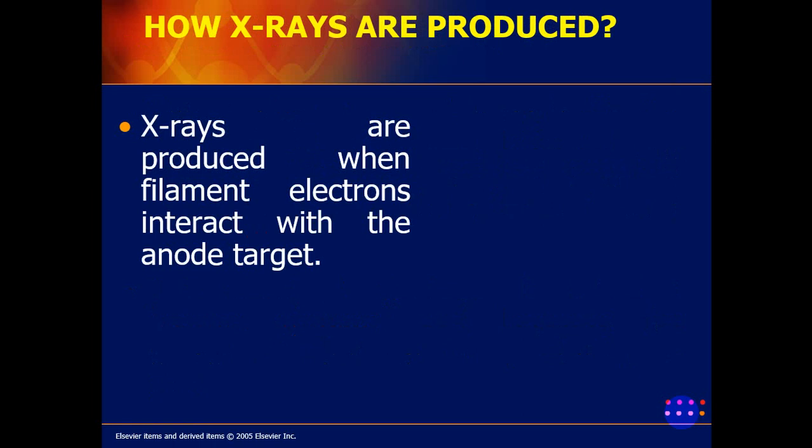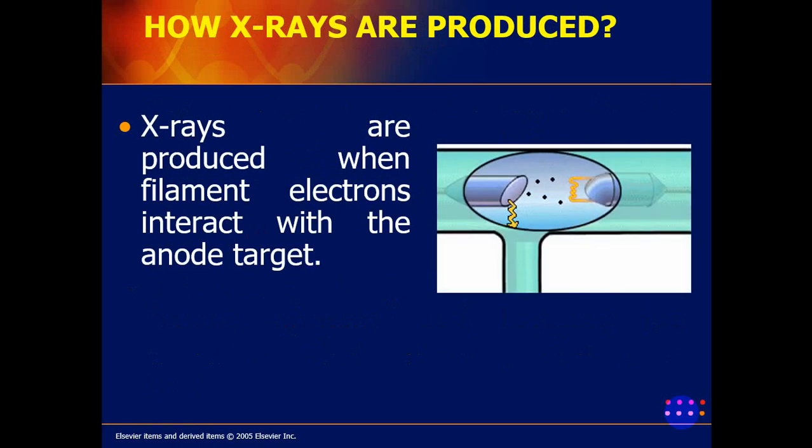So, how are X-rays produced? X-rays are produced when filament electrons interact with the anode target. So, dito yon. So, dito yung filament. The filament charge is negative. And the anode charge is positive. Ito filament na to, syempre, pag sobrang mainit na siya, and this is a negative charge, wala siyang mapupuntahan but to attract the anode part.